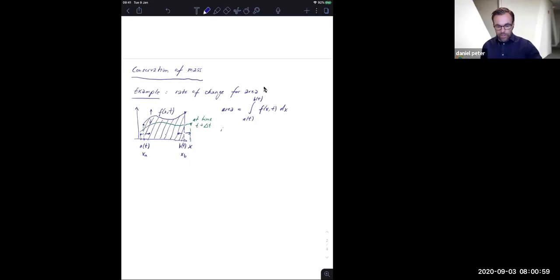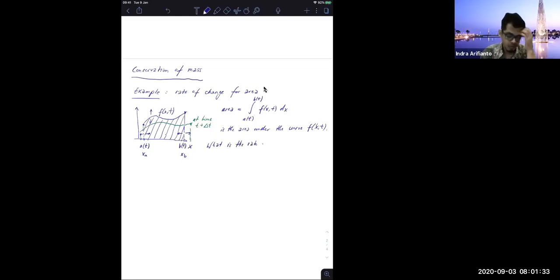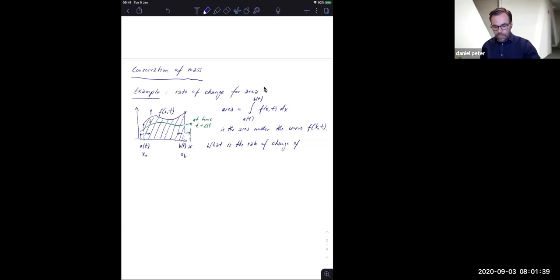So this expression is the area under the curve f of position and time. Another question is, what is the rate of change of this area?